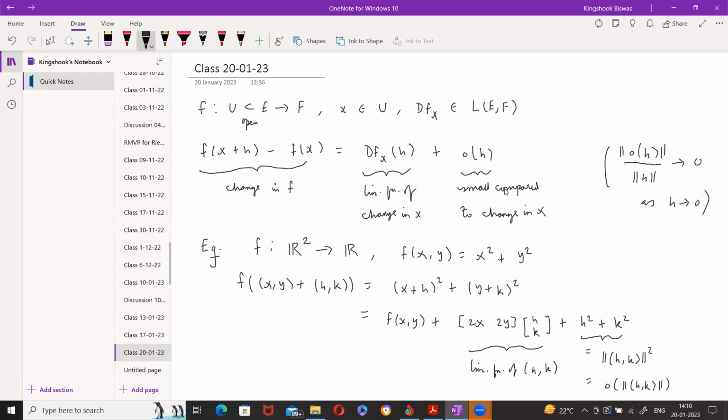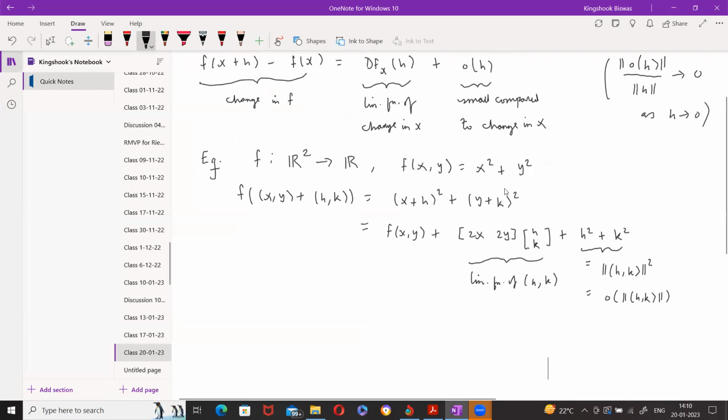So you can think of this equation here as a first order Taylor expansion for f around (x,y). You have a constant term f of (x,y), plus a linear term, plus an error term which is small compared to the change in (x,y).